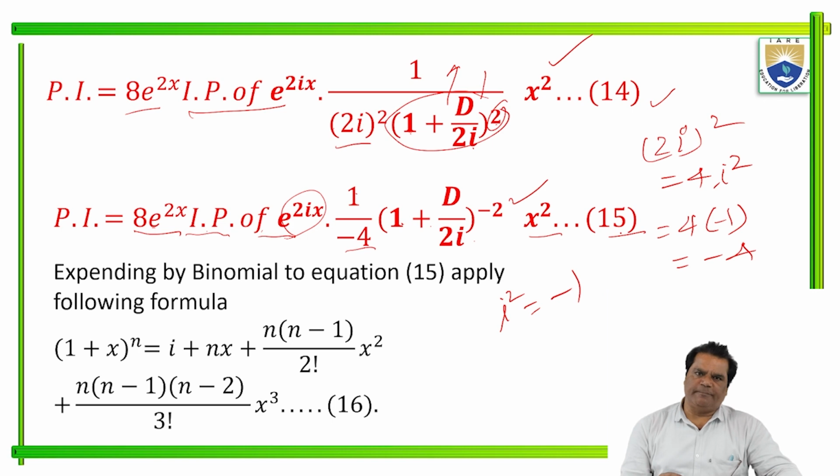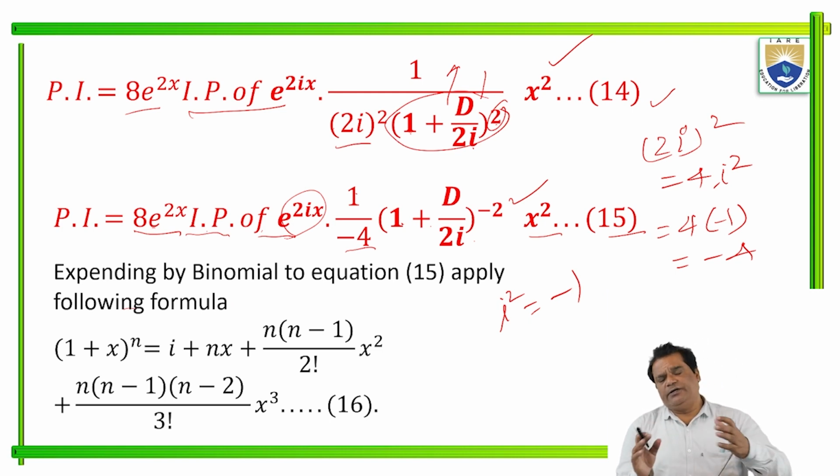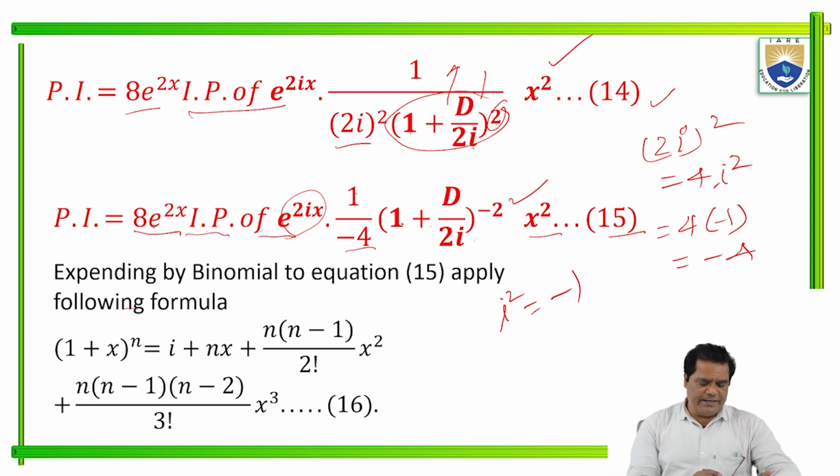This is equation 15. Expanding equation 15 by binomial, apply the following formula. What is the binomial formula? 1 plus x to the power n means 1 plus nx plus n into n minus 1 upon factorial 2 x square plus n into n minus 1 into n minus 2 upon factorial 3 x cube, and so on.